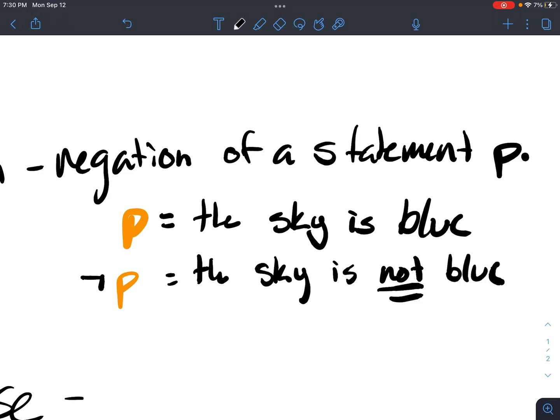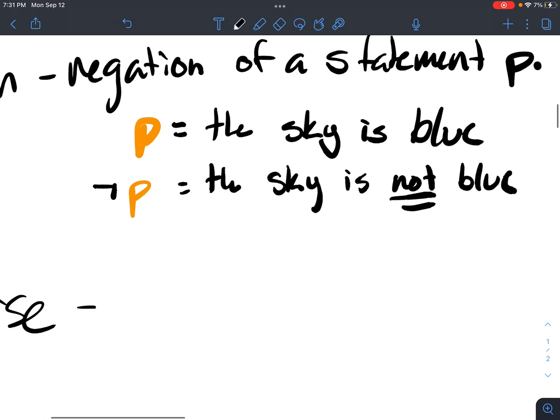I'm going to Google this really quick, because there are other symbols that we can use for negation, and I just want to make sure that you guys see a little bit of everything.